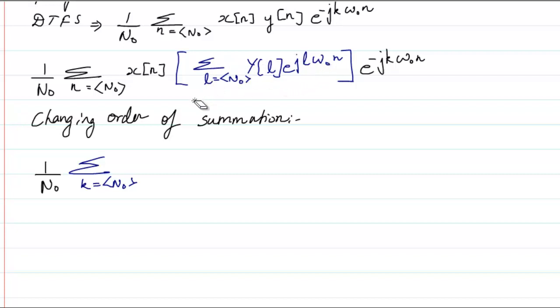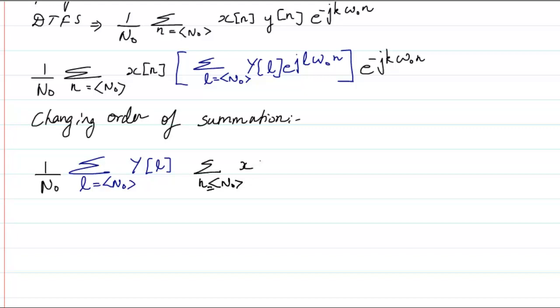So L within the period N naught. I will take the L values outside, which is y of L, and the remaining values I will take inside, which is summation of n within the limit N naught.